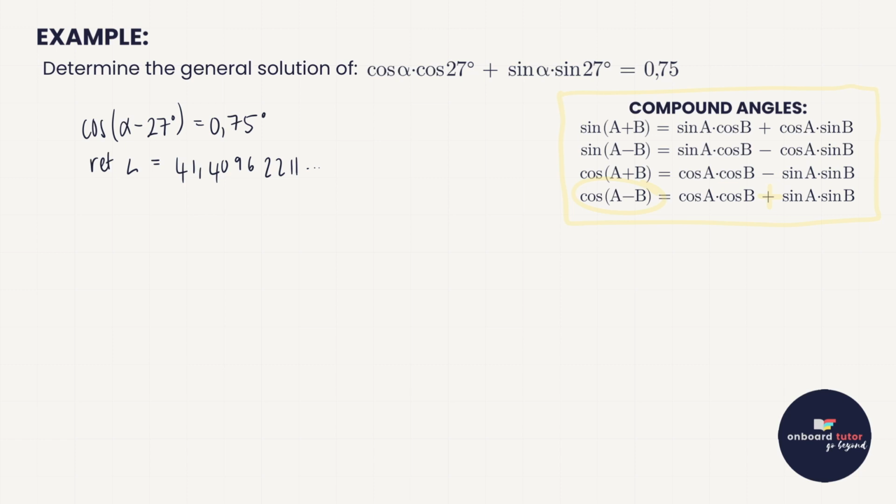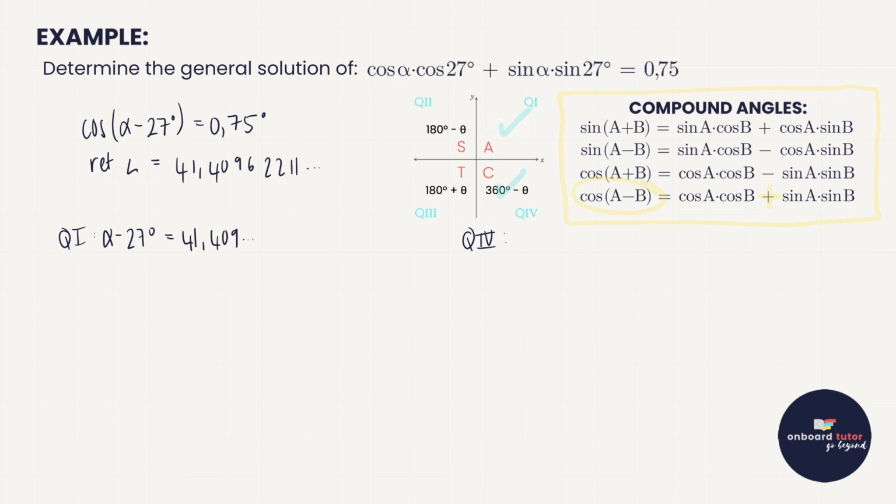Okay, now we need to apply this to some quadrants. So where is cos positive? It's positive in quadrant 1 and in quadrant 4. So now I can apply that reference angle there. In quadrant 1, the angle alpha minus 27 degrees is equal to just the reference angle plus 360 degrees k, and k is an element of the integers.